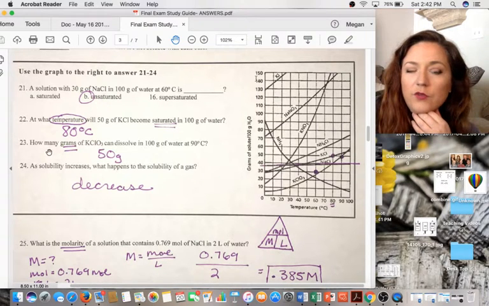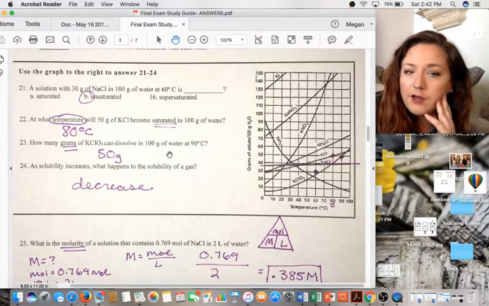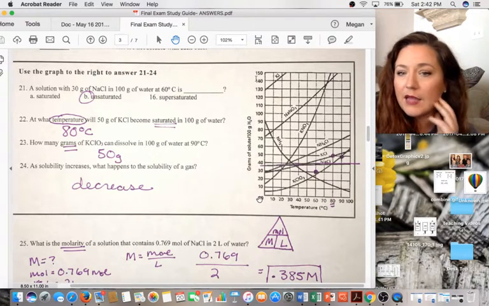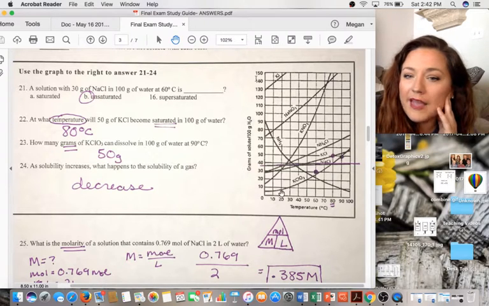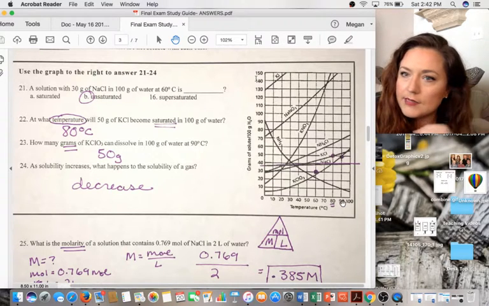Then, for 23, how many grams of KClO3 is dissolved at 100 grams of water at 90 degrees Celsius? So, again, I look for my KClO3 line. And at this time, I'm not starting with my grams, I'm starting with a temperature. And don't let the 100 grams of water trip you guys up.